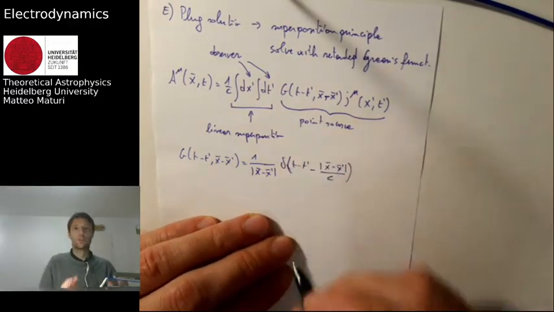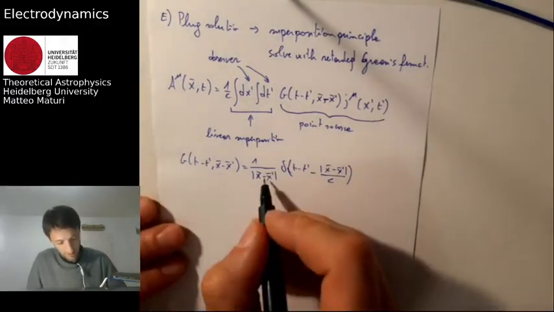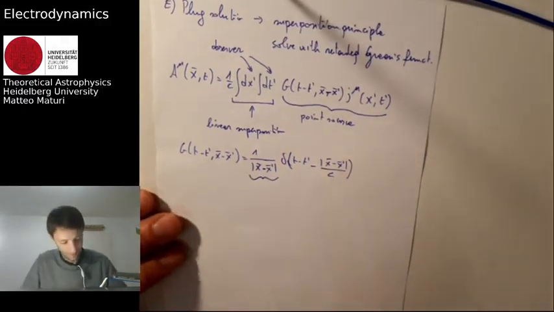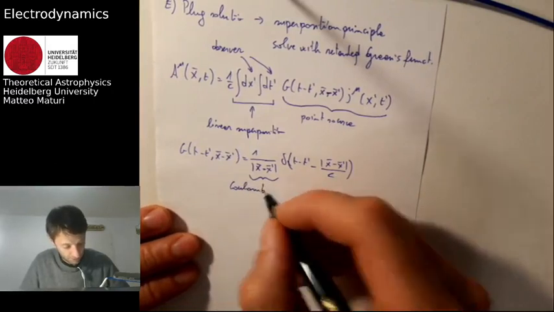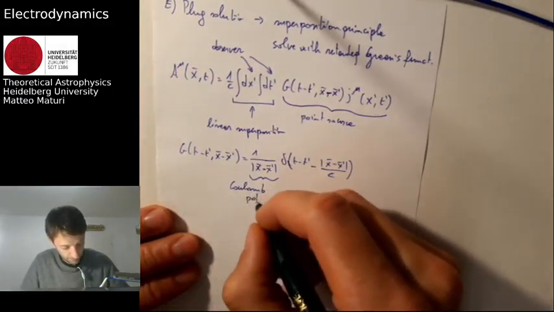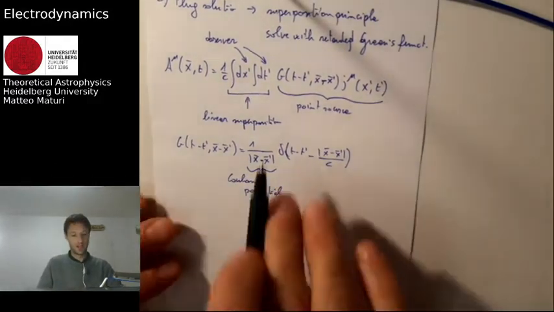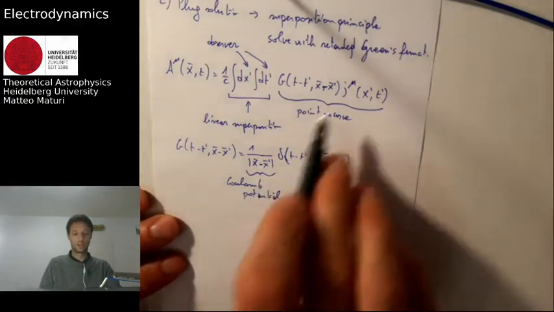Okay, which totally makes sense. Why is that? Because this guy here represents Coulomb's potential, actually. So you see, a charge gives you a contribution of a Coulomb potential. All charges are summed up together.